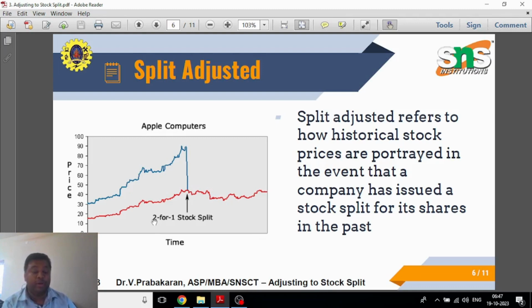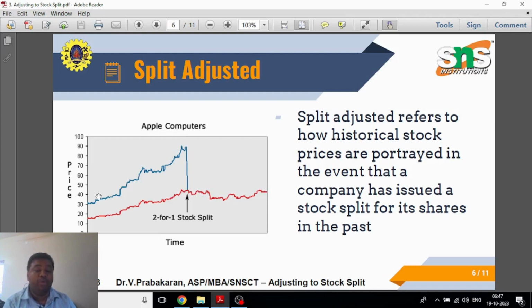So before this particular point, all your blue color line indicates the price of a share before the stock split announcement. Those closing prices are to be divided by 2, so that the share price will have a common platform, like the one mentioned in the red color line, right?